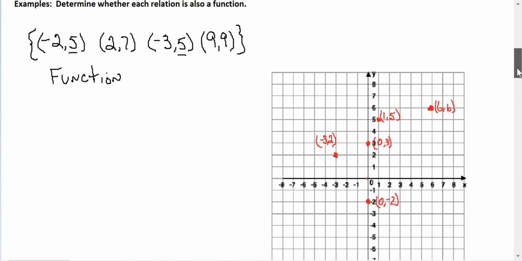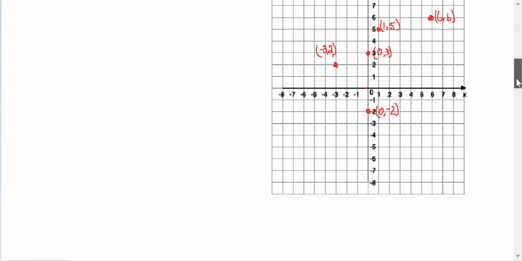Graphically, we can determine if these relations are functions by noting any x values being the same as one way. So here I've got a negative 3, 2. Here I've got a 0, negative 2, and a 0, 3 up here. So these both have the same x values. So notice that they are one on top of each other.